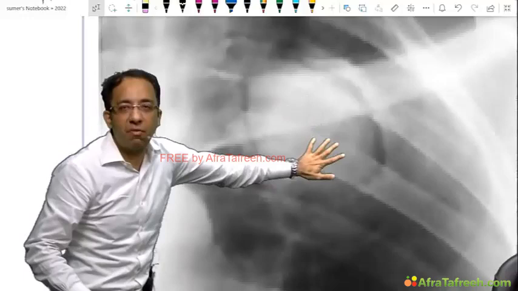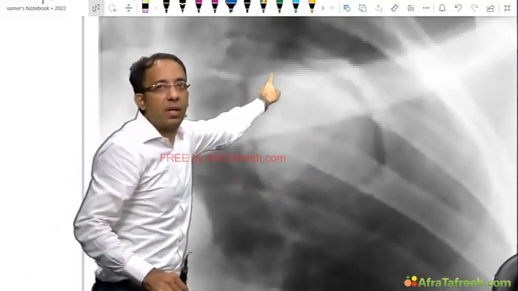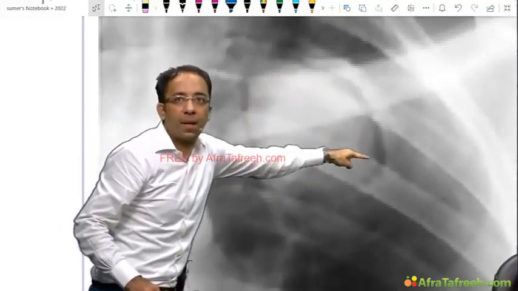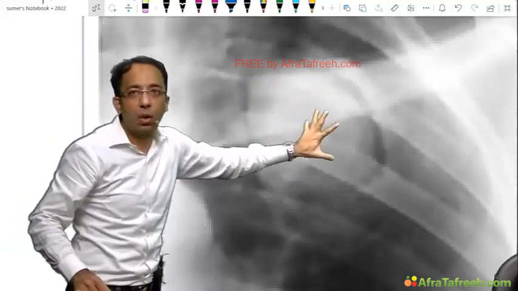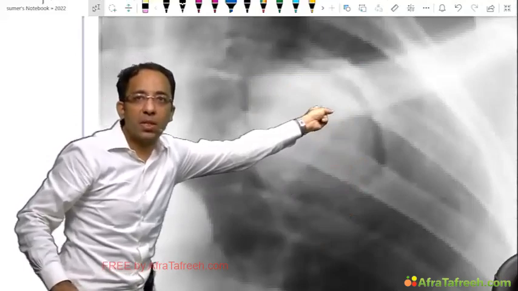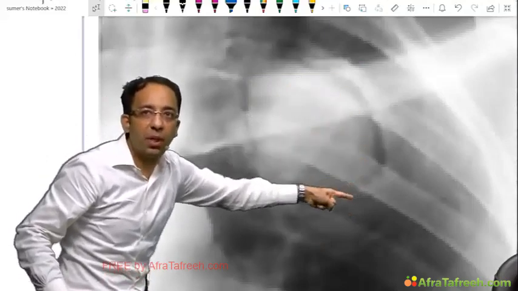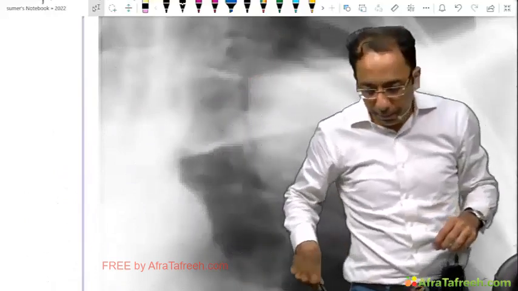This white thing is the fungal ball. Surrounding it, you can see a black rim of air. Can you see it here? How will you identify a fungal ball? It will be round like a ball, white, but surrounding it you will see the air from the cavity, telling you that it is an intracavitatory fungal ball.